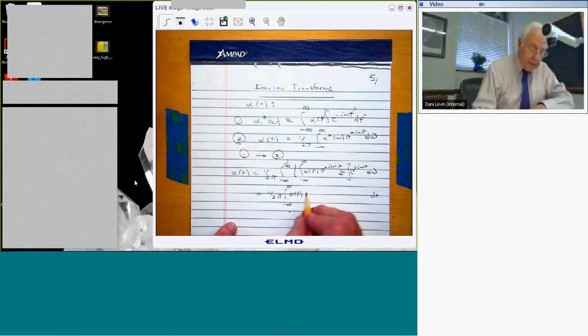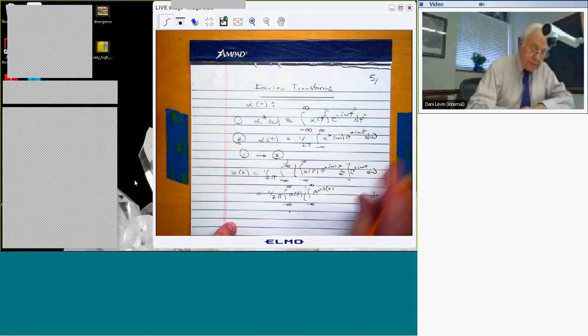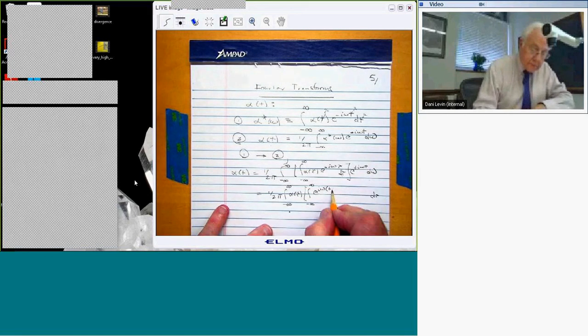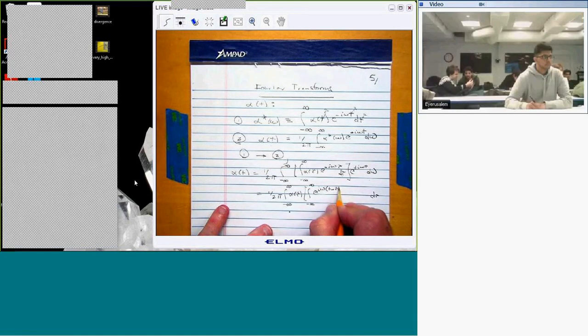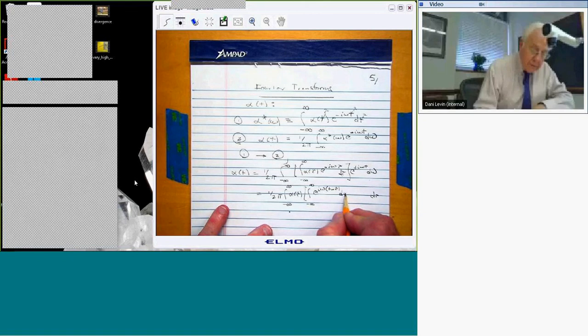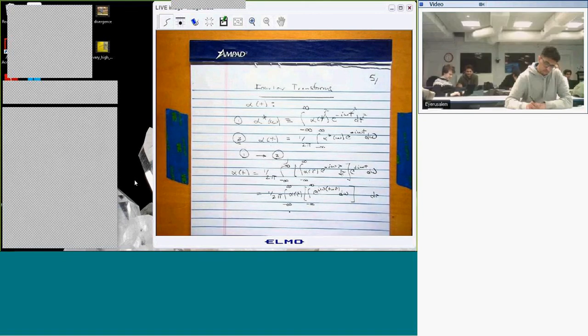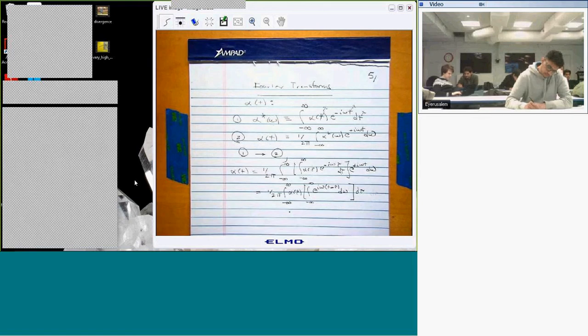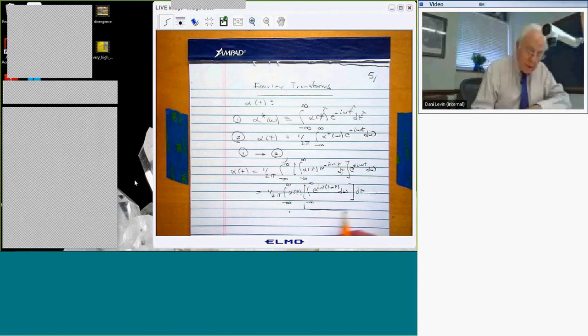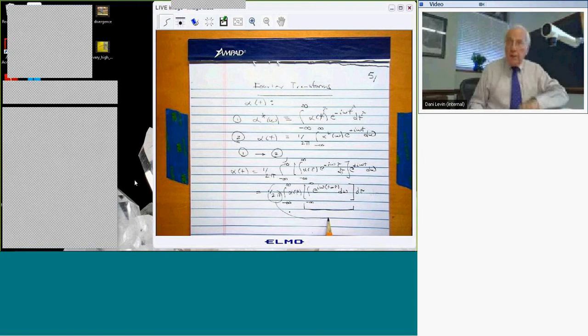And then I have minus infinity to plus infinity of e to the i omega (t minus tau) d omega, d tau. Okay? And the question is, what is this? Actually, what is this, including the factor of 2 pi?